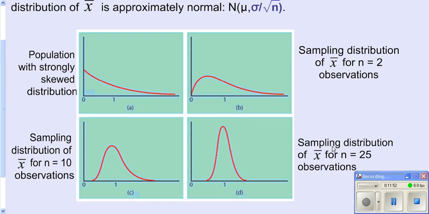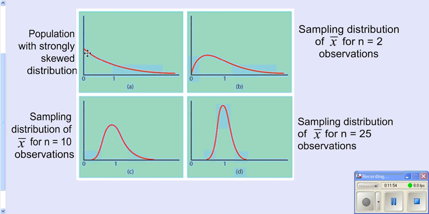So as we look here, here's your population, definitely skewed to the right. But if you just take a sample size even of 2, yes, it's skewed, but not nearly as much. Sample size of 10, really not all that big, it's starting to look normal. Slightly skewed to the right, but not bad. Sample size of 25, it sure looks normal to me, even though our original population was skewed.